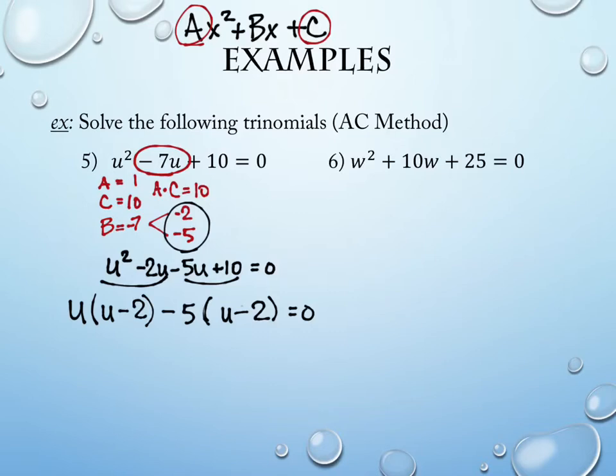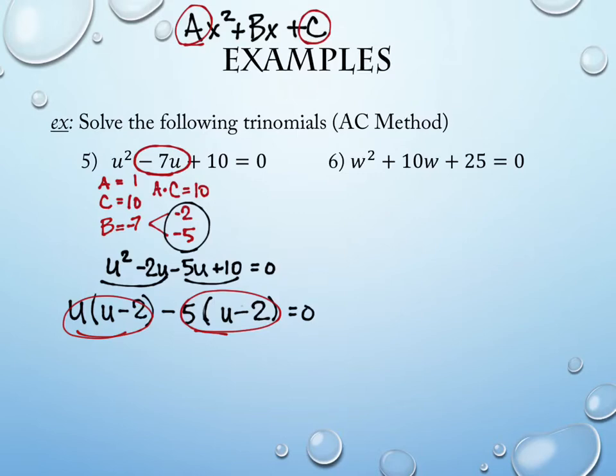So let me run back through what happened. If I pull a negative 5 out of negative 5u, I'm left with u. If I take 10 and I divide it by negative 5, I get negative 2. That's where the negative 2 comes from. Yep. Okay. Now, I want you to pretend I have all this and I have all this. They're in factored piece form. What do the two circled red pieces have in common? Sorry, my color is red. It doesn't come through very well here.